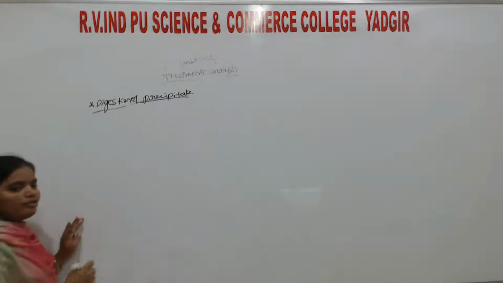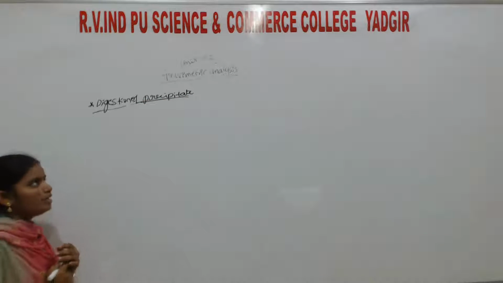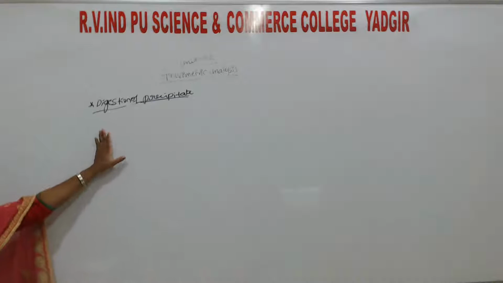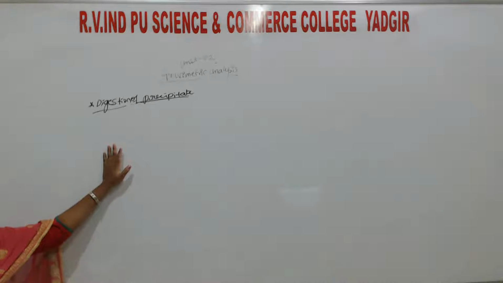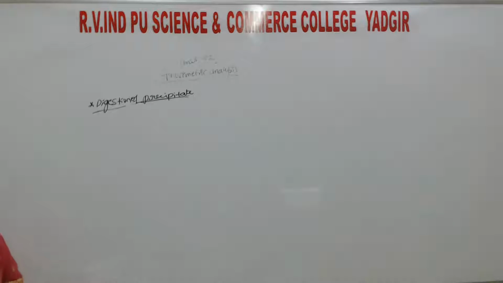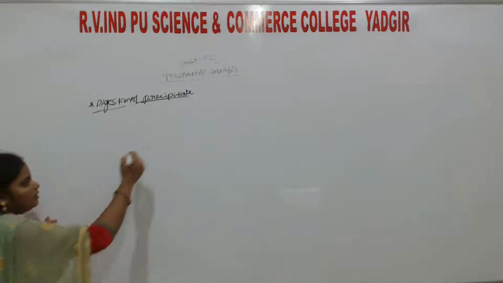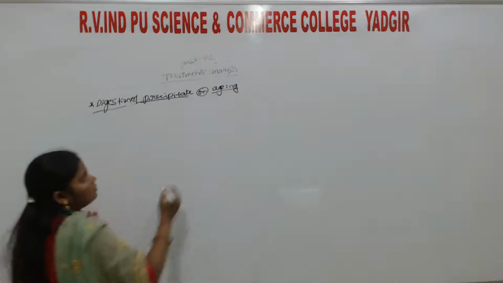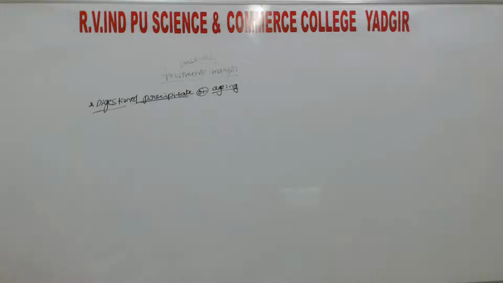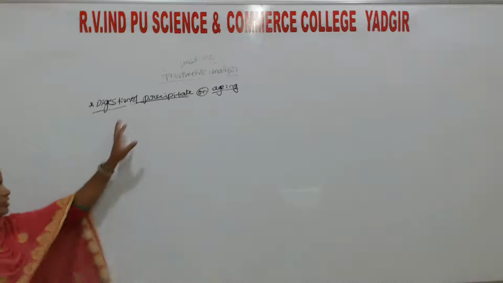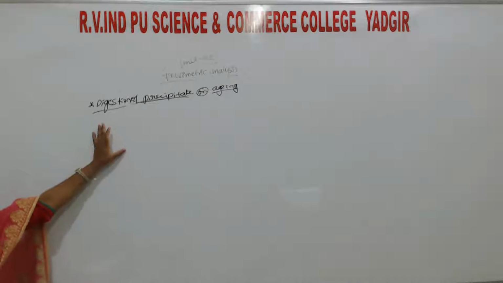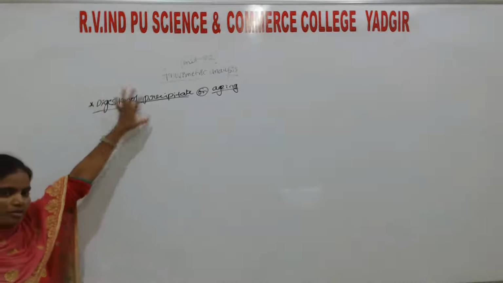When the precipitate is completely formed, without co-precipitation and without impurities, it goes for digestion of precipitate, which is also called digestion or ageing. These terms give the same meaning.